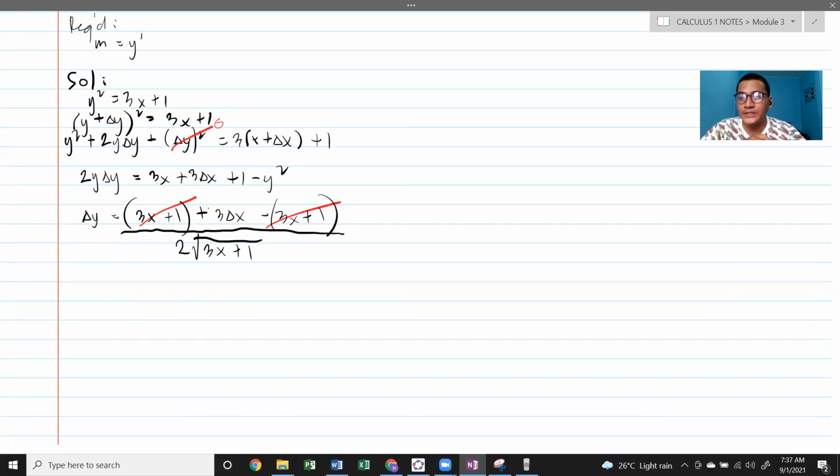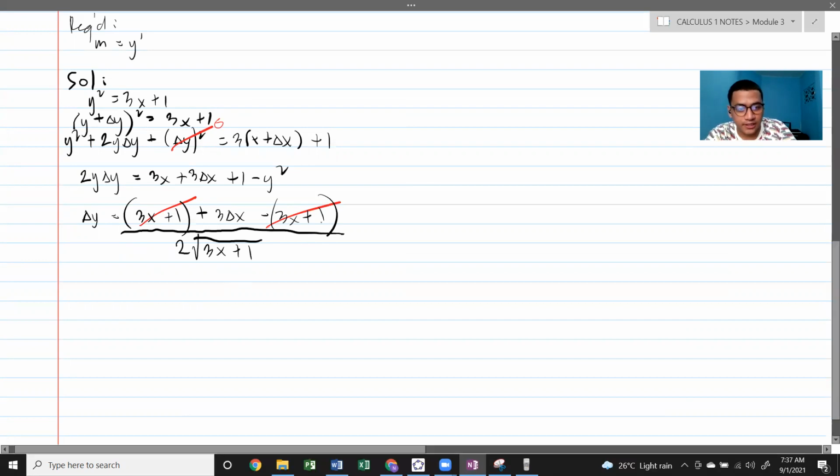But here in calculus, we are omitting the negative root. We are always using the positive root. So that's just a clarification. So okay, we have delta y equals 3 delta x over 2 square root of 3x plus 1.